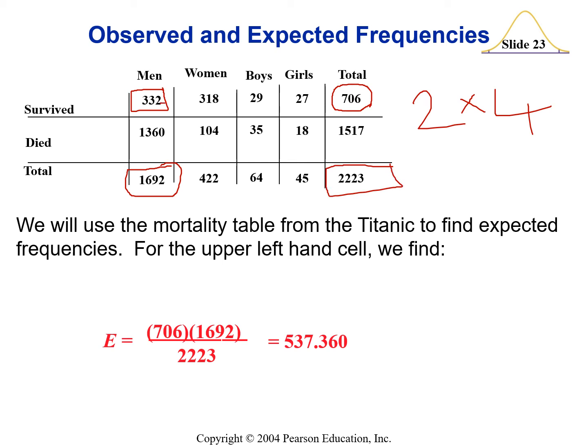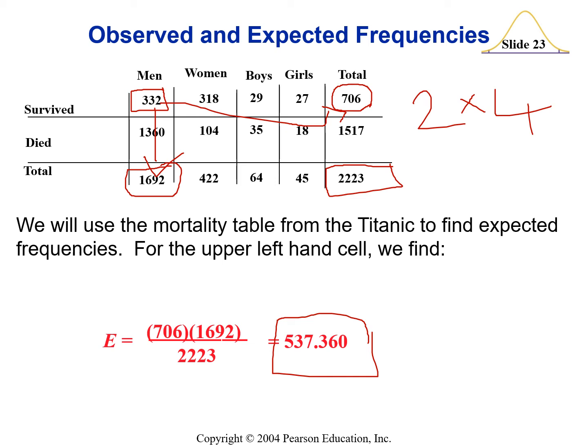Again, multiply the row total by the column total and divide by the grand total. So the expected value for cell 1 is 537.36, but the observed, or real, number is 332.